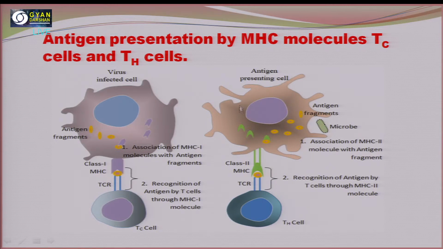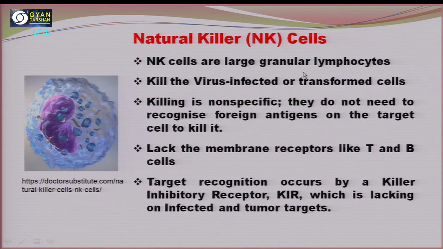Another is the antigen presenting cell, the APC, which has the class two MHC molecule. T helper cells are able to recognize it through the MHC class two molecule, and ultimately this will enhance the immune response.